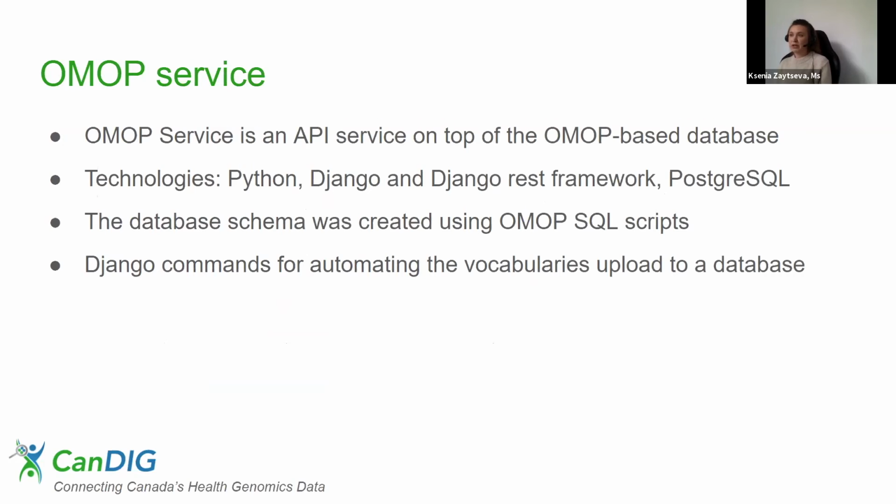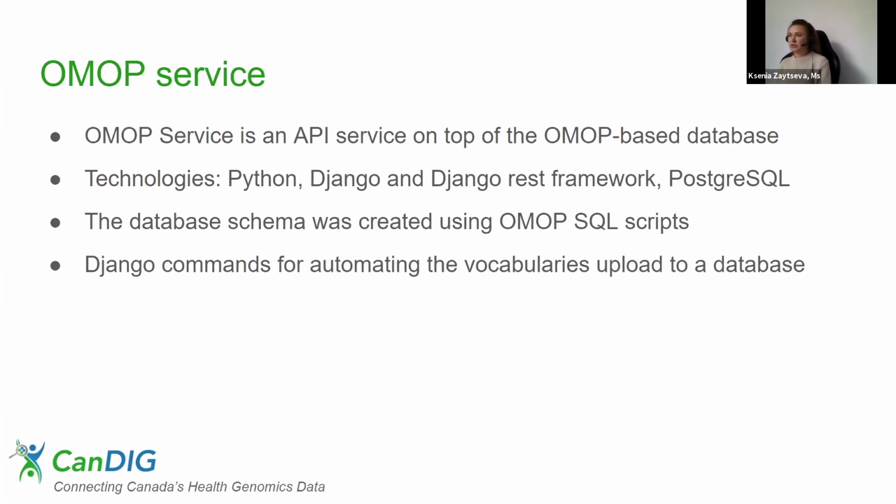Technologies used: Python, Django REST framework, and Postgres backend database. It also can work with SQLite database, but the vocabulary upload time is significantly longer than Postgres. So maybe it will fit for small vocabulary sizes.